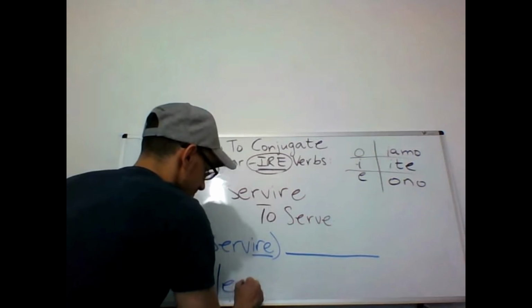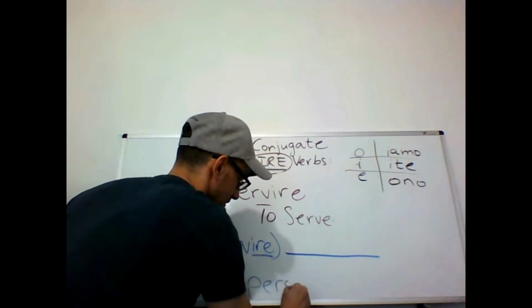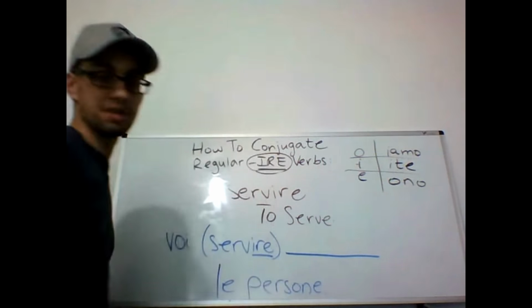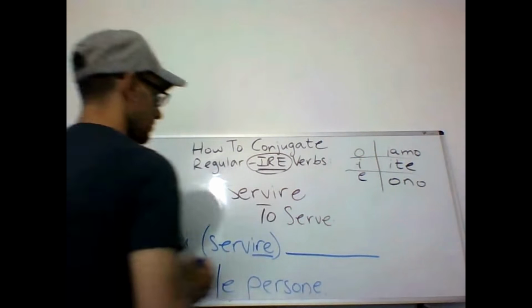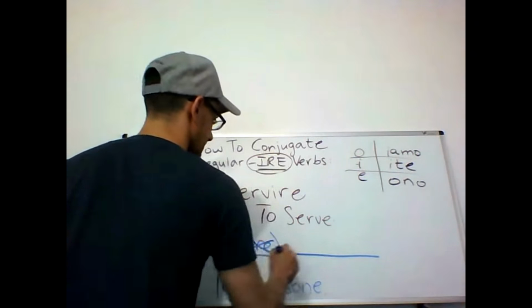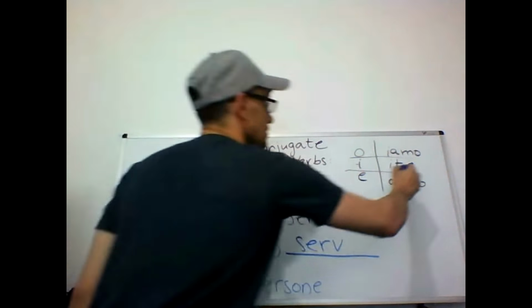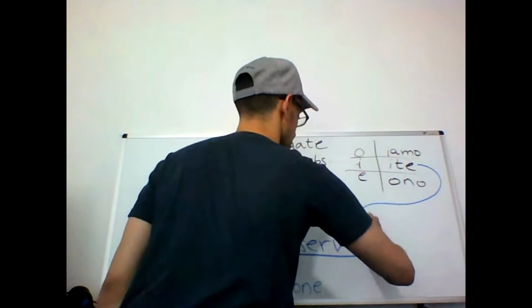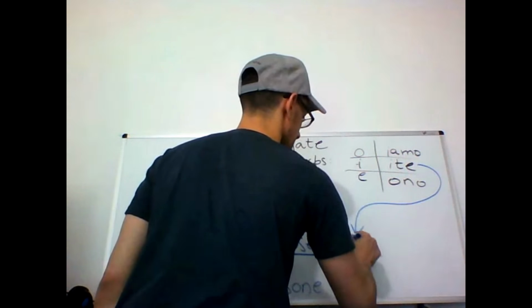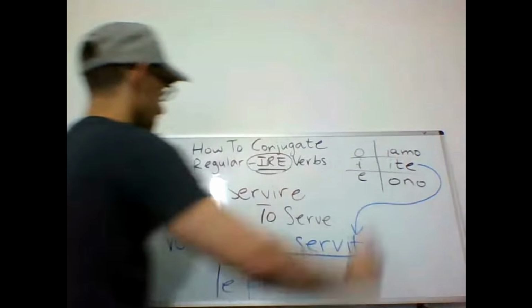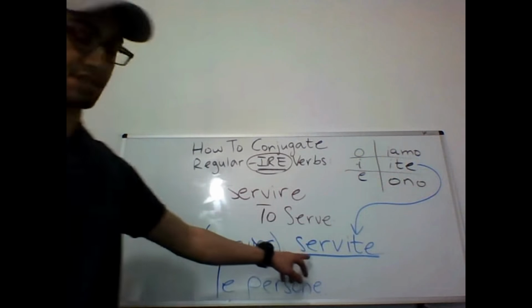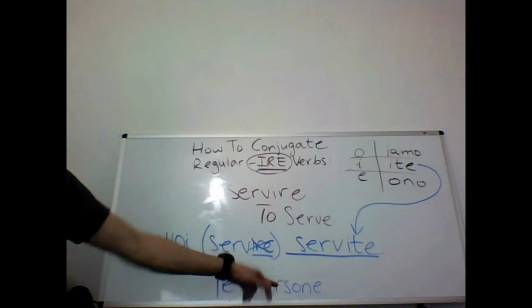So le persone, the persons or the people. All I got to do is get rid of this IRE. Left with this. What do? Drag this right here. Done. Voi servite le persone.